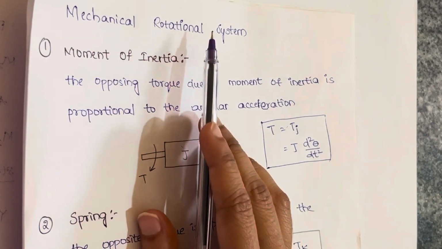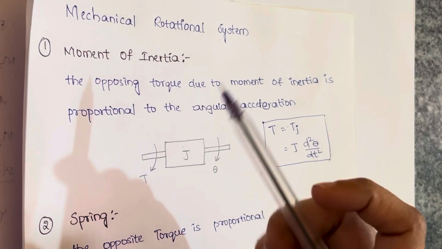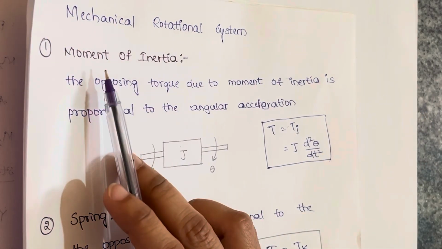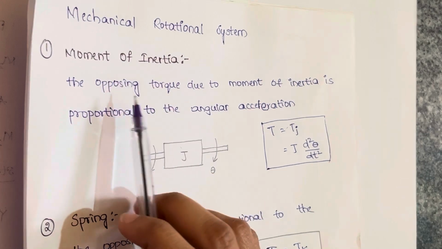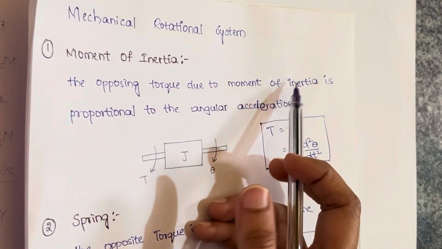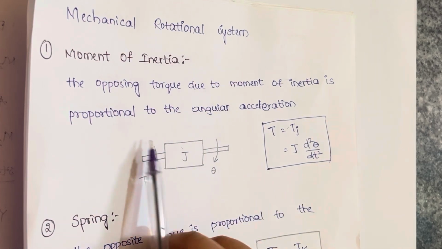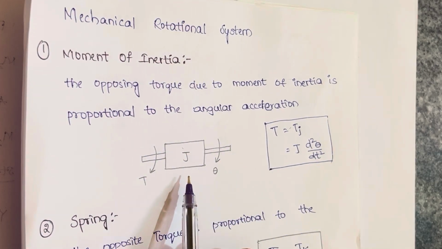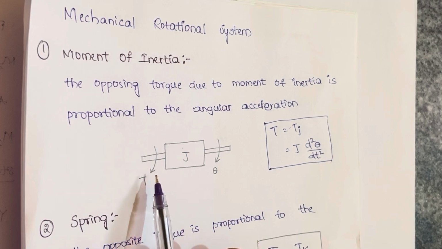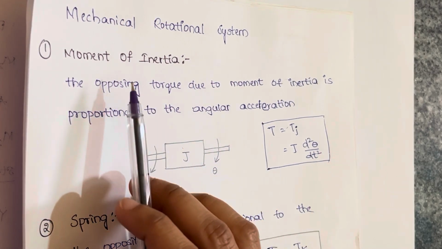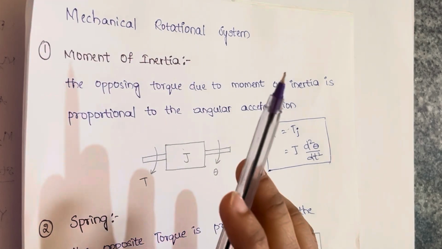So in mechanical rotational system we have three components: moment of inertia, spring, dashpot. Firstly, moment of inertia. The opposing torque due to moment of inertia is proportional to the angular acceleration. This is the diagrammatic representation of the moment of inertia, where T is the torque and theta is the angular acceleration in the case of moment of inertia.